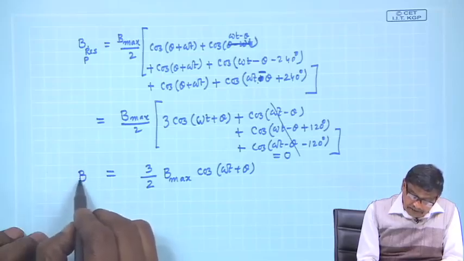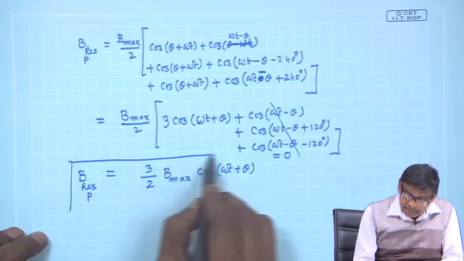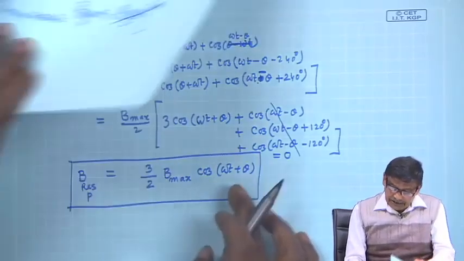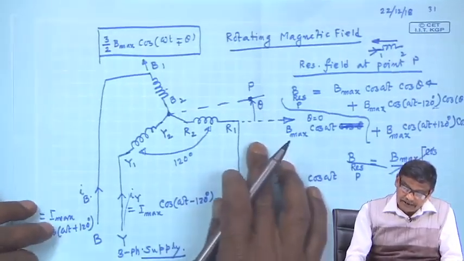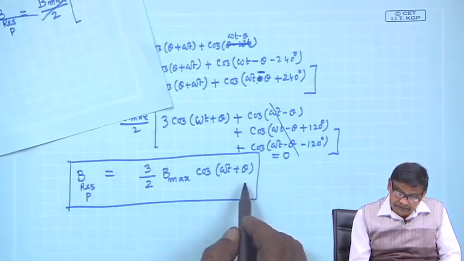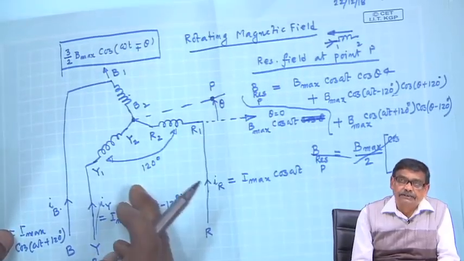Okay, B resultant at P. Now, so we get a plus sign here. What does this mean? It means it is a rotating field, but moving in the negative direction of theta.